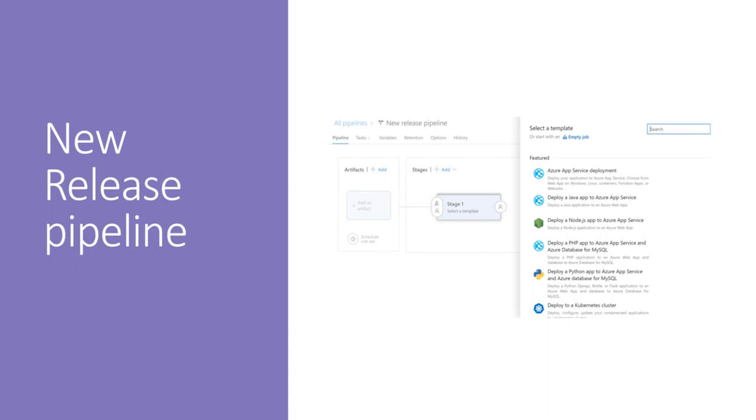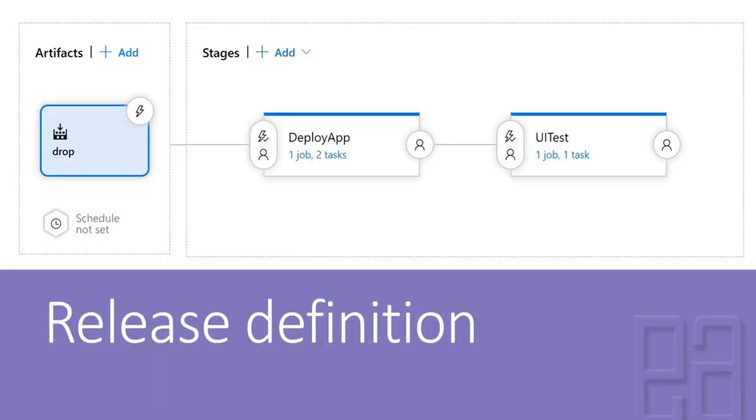So this is the new release pipeline page, guys. This is how it's going to look. And then, in order to create a release definition, we are going to create a release definition in this particular section, something like this. As you can see, it's going to have an artifact of drop, which is nothing but the build that we made in our previous video, the drop folder, and that's exactly what this drop means.